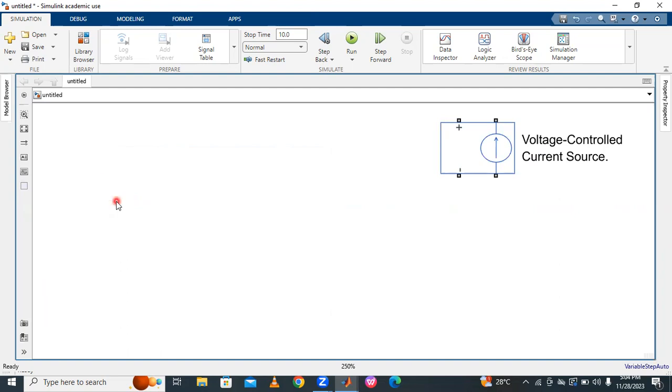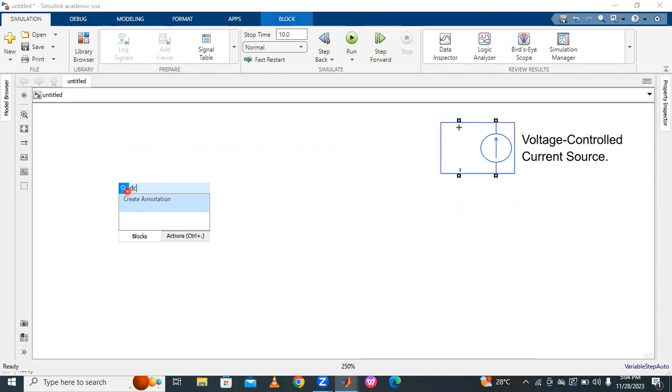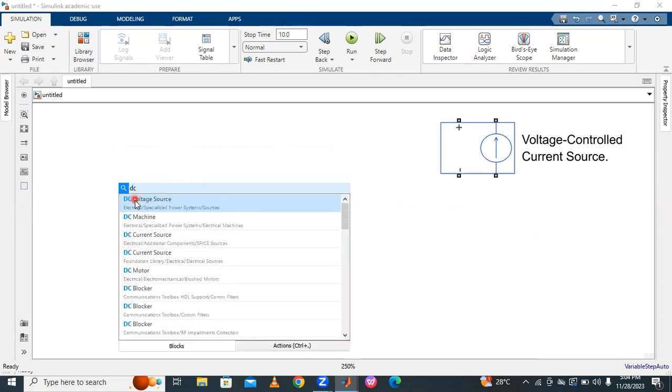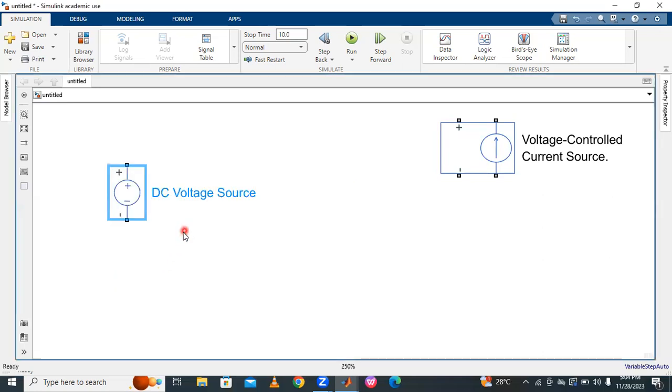The light blue color ones, DC voltage source, DC current source, this type of circuit is used for Simscape. Completely black is useful for Simulink circuits, and for Simscape circuits it is not black, it is light blue.